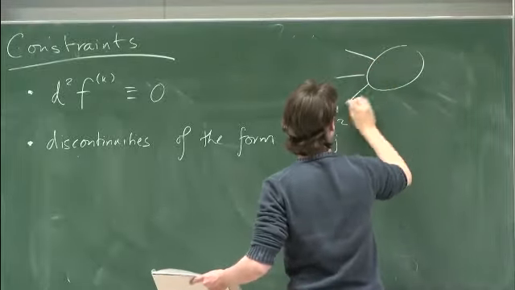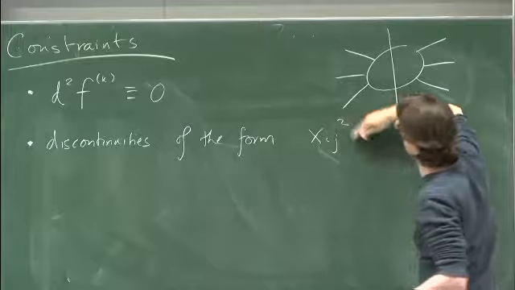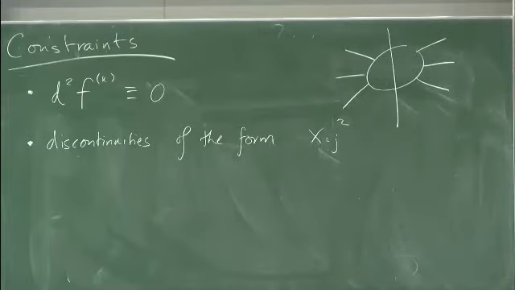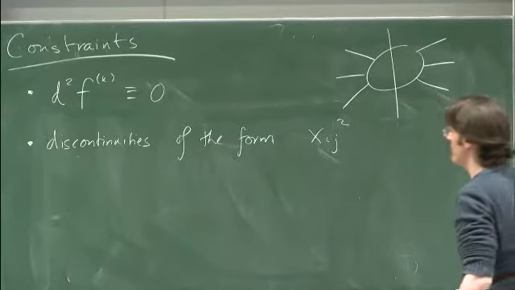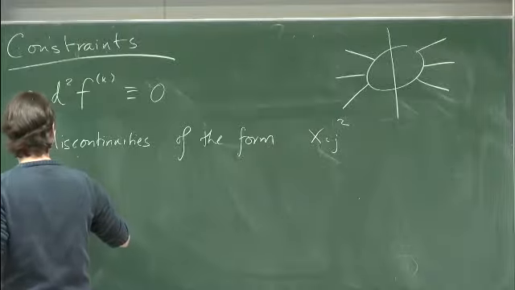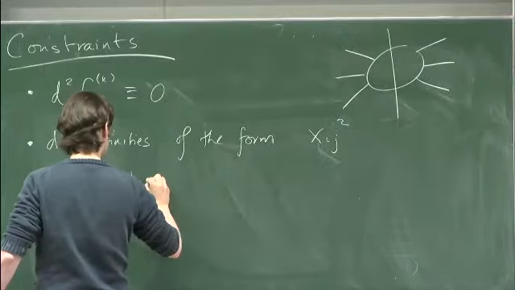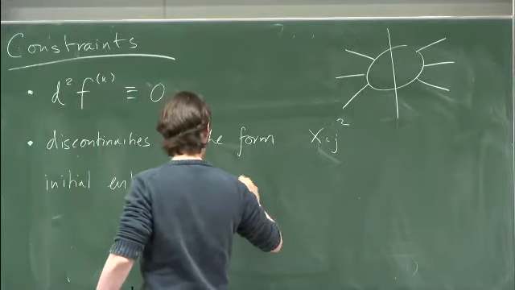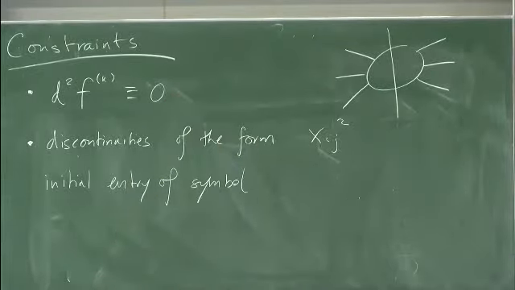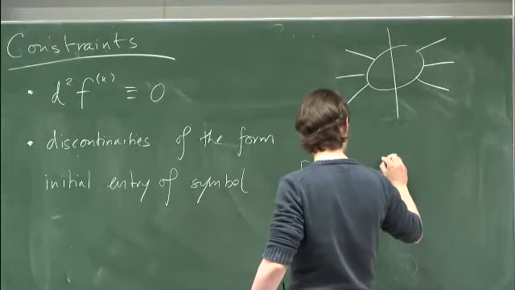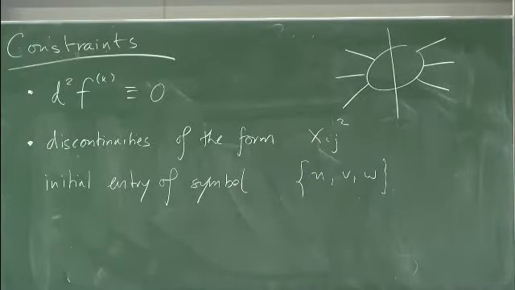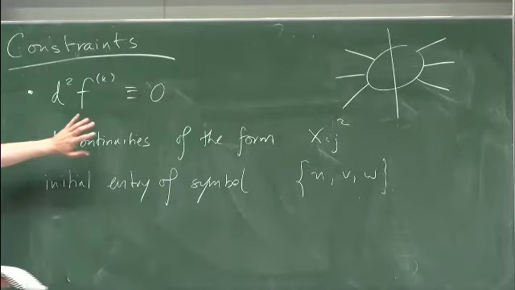Because I have some ordered amplitude, I do some cut, and then I have some ordered set of momenta on the left and an ordered set on the right, and I expect to get branch cuts when I take a cut of that form, but not some other random variable. And that means that the initial entry of the symbol can only be one of the first three in this set, only u, v, or w. The others are not of that form. And the first entry of the symbol is what tells you about the discontinuities of that function.